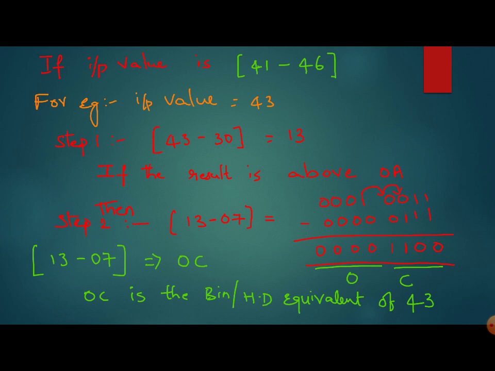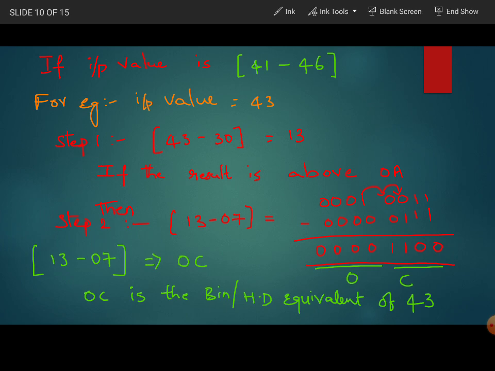Next, in the second case, if the input value is between 41 to 46. For example, if the input value is 43. The first step is the same: the input value minus 30. So 43 minus 30, the output is 13. Now check the result. Is the result above 0A? Here, the result is above 0A. So when the result is above 0A, we go for the second step.